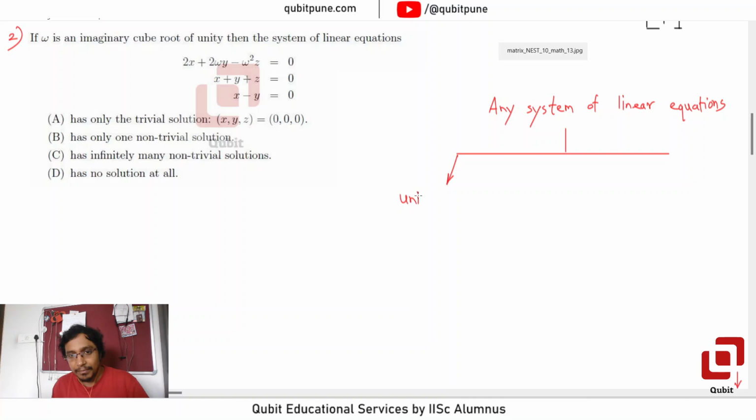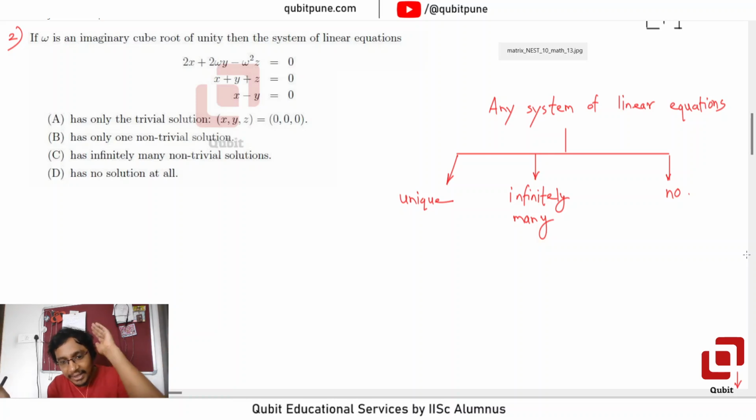Unique solution, infinitely many solutions, and no solution. Apart from these 3, no other possibility exists. If a solution exists, it is either unique or infinitely many. If not, then there is none.